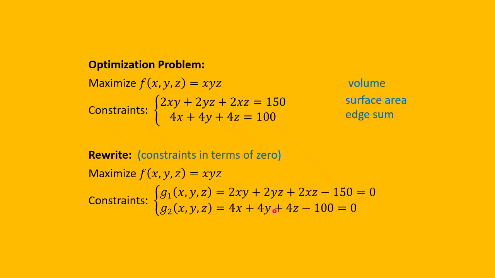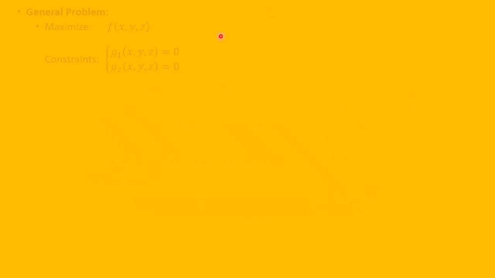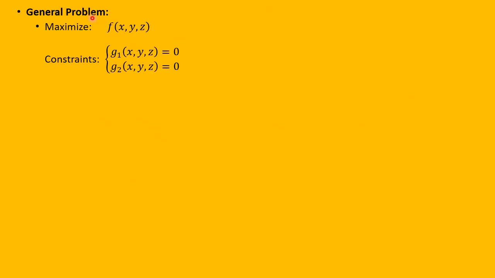Similarly, the second constraint, by subtracting 100 from both sides, g sub 2 of x, y, and z is going to be 4x plus 4y plus 4z minus 100, and we also want that to equal 0. So the general problem is to maximize or minimize some function of x, y, and z, and we have two constraints that x, y, z must satisfy.